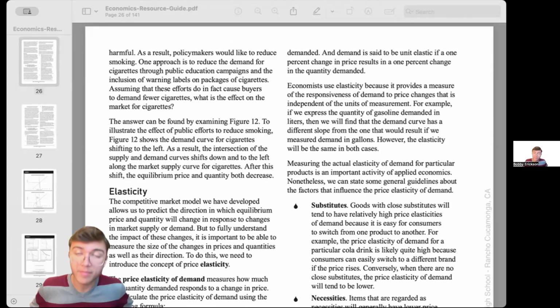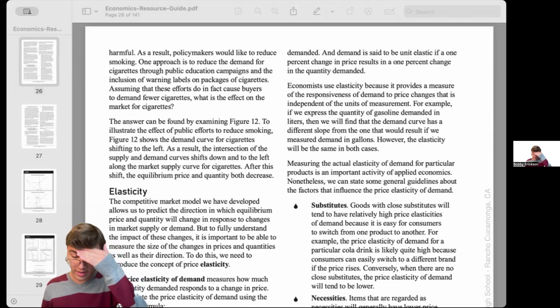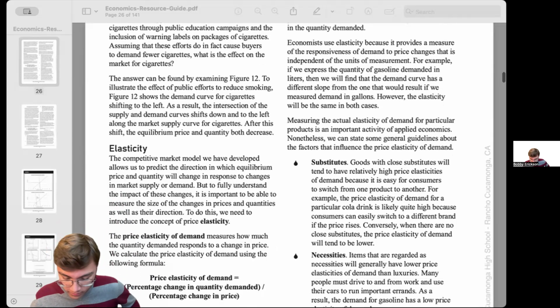That may be important to remember for tests, where it may be a simple question asking what elasticity is not dependent on, and that would be units of measurement. It doesn't have any units.